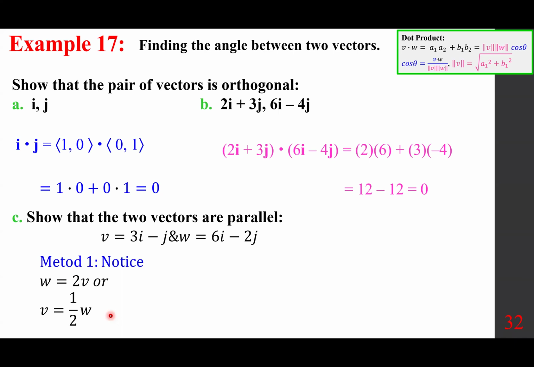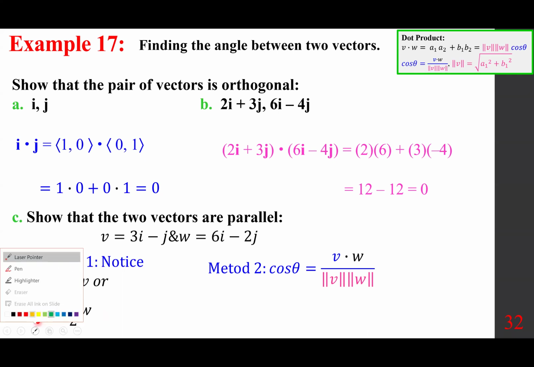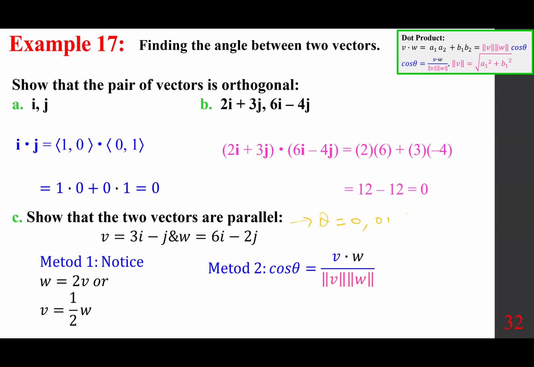The second method is to find theta, and that means we're going to find cosine theta. For parallel vectors, theta must be 0 or pi. So let's do the math.